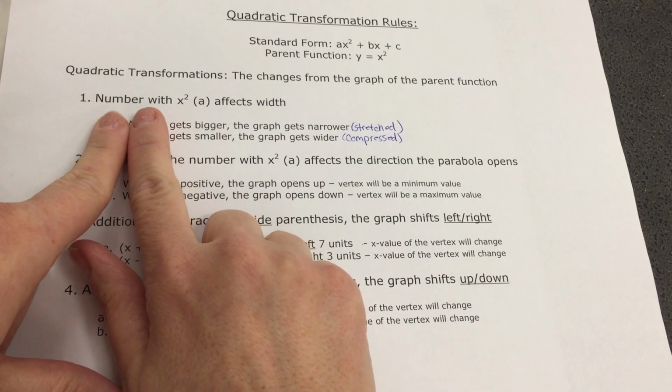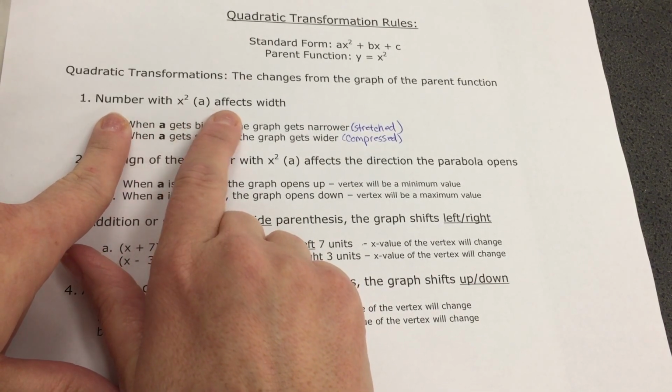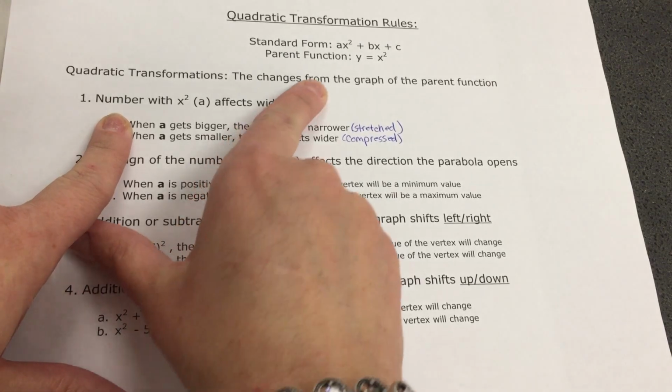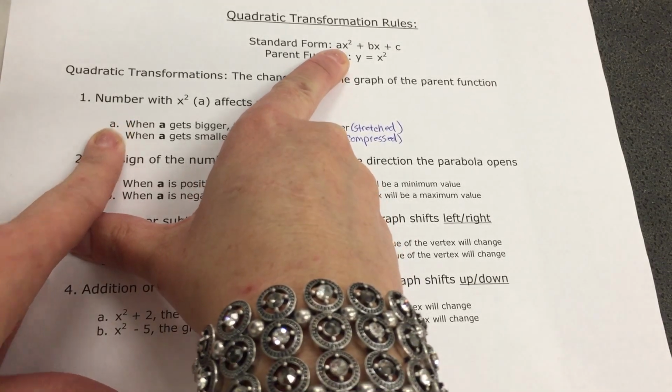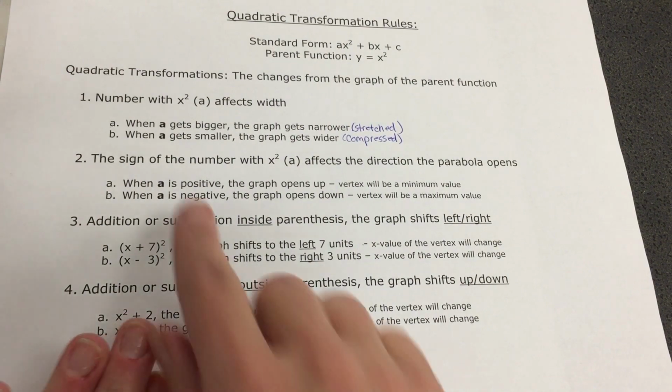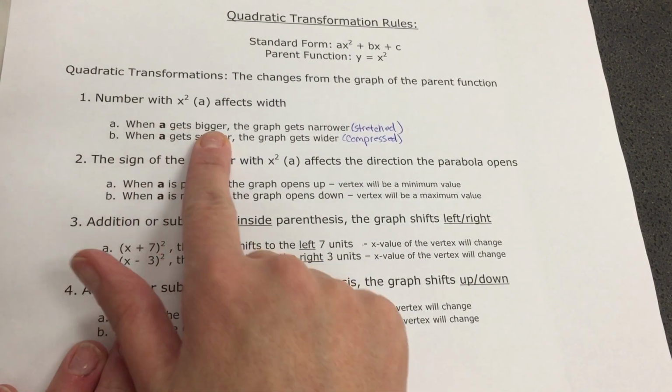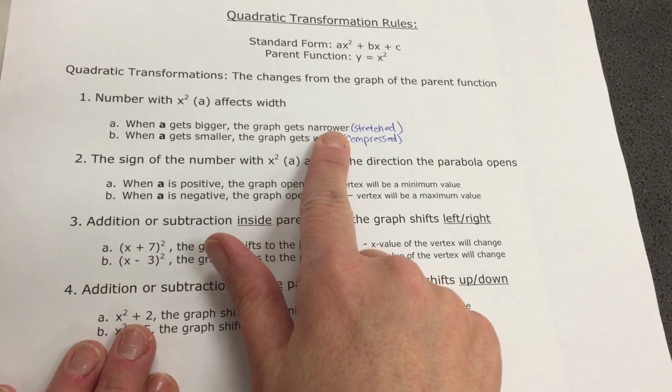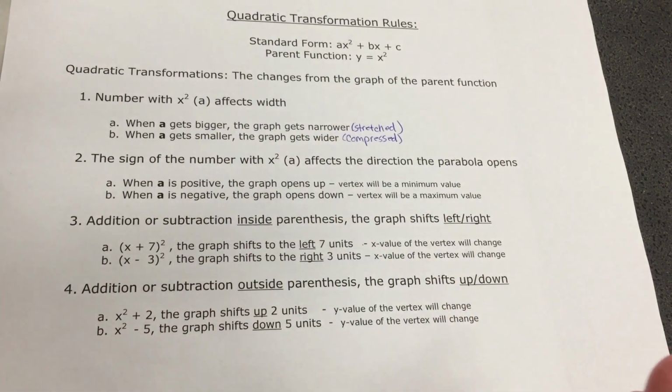With the x squared, the a affects the width. This a right here, the a that we've been talking about, is going to affect the width. When a is bigger, the graph gets narrower. It's now called a stretch. You have to think of it like a rubber band.